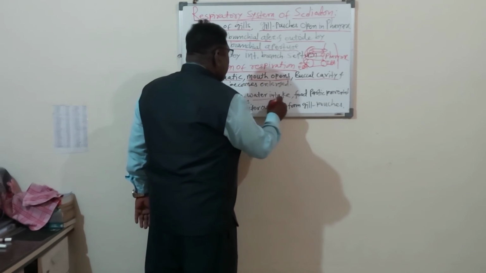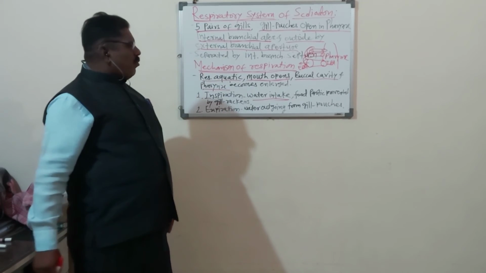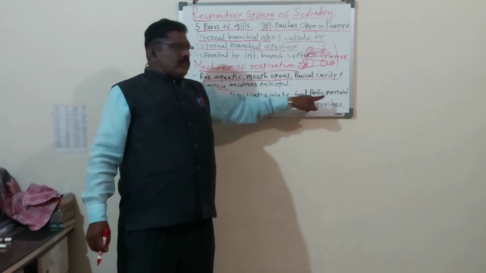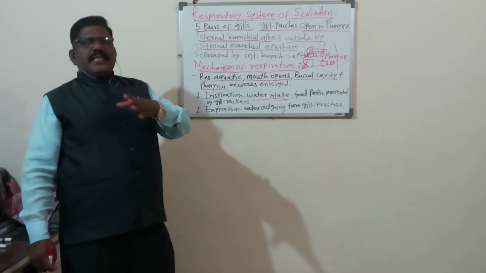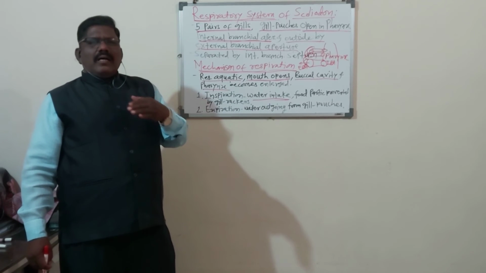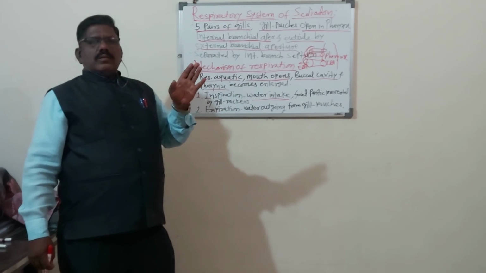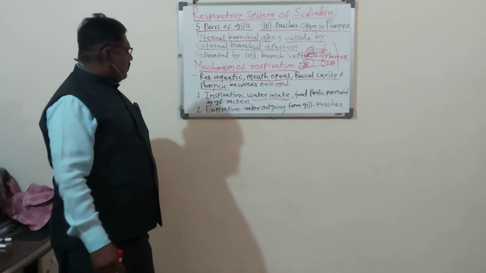Now that water, when entering in the mouth, buccal cavity or pharynx, small food particles with that water, that is prevented. त्या पाण्याबरोबर काही फूड मटेरियल असेल किंवा काही डर्टी मटेरियल असेल तर त्याला प्रिव्हेंट केले जाते, म्हणजे रोखल्या जाते. रेस्पिरेटरी सिस्टीम मध्ये त्याला जाऊ देत नाही, त्याला बाजूला टाकले जाते.